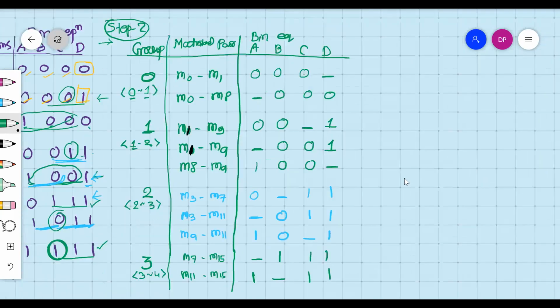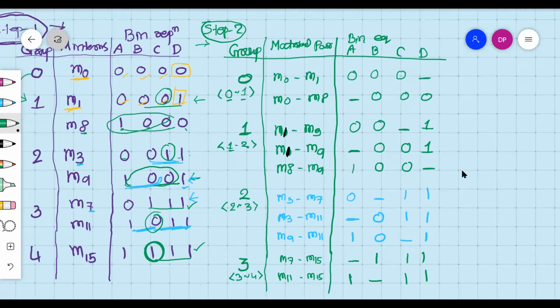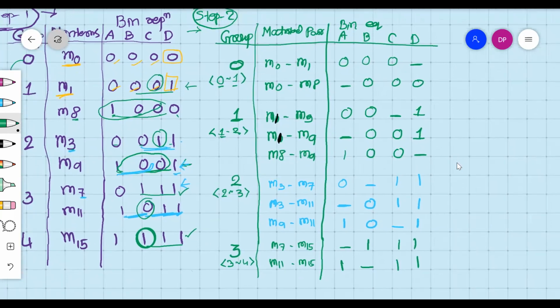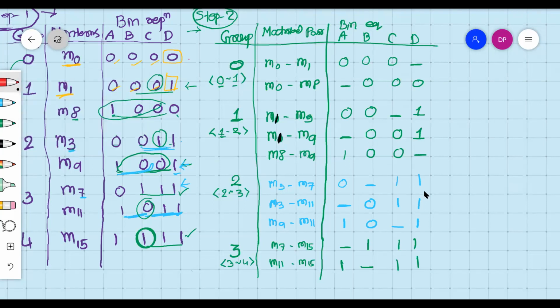So before going to that, just see here. We will consider here. Okay, so going from step 1 to step 2, here we got M0, right?